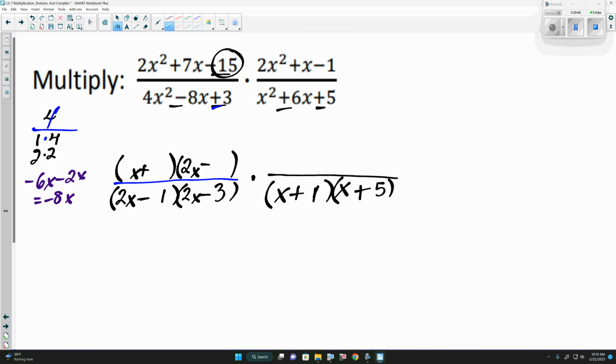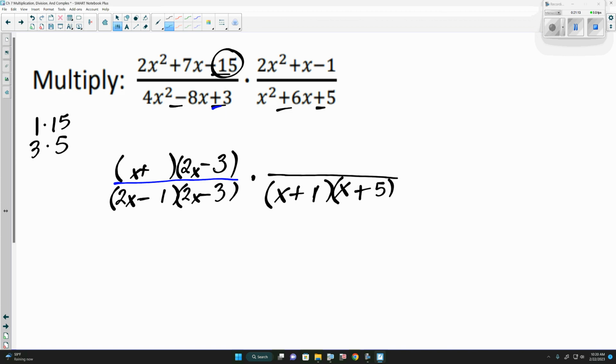What are the factors of 15? Our factors of 15 are 1 and 15, or which one do we want to try first? 3 and 5. Where would we want to put the 3 and where do we want to put the 5? Because if we put the 3 on the negative side with the 2x, do we have something in common on top and bottom?